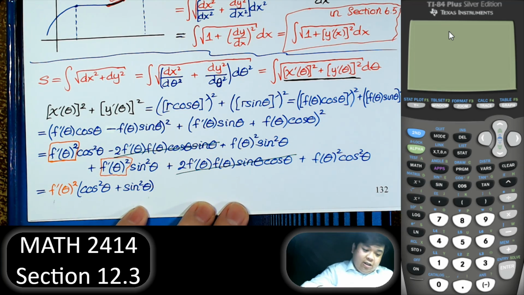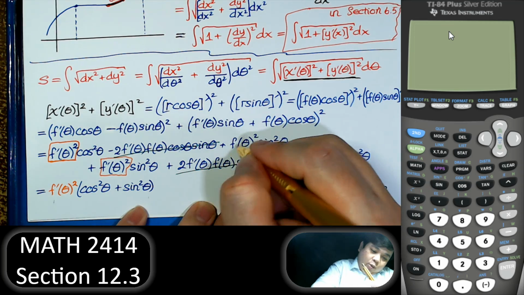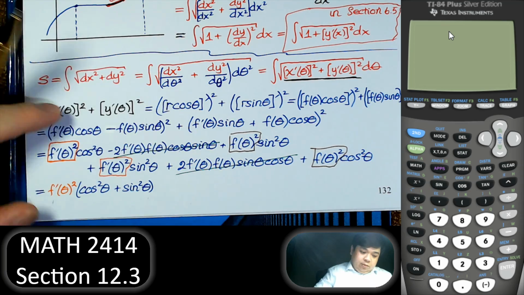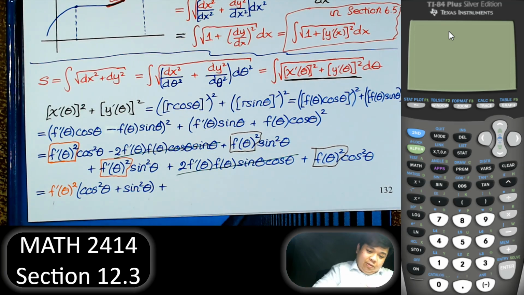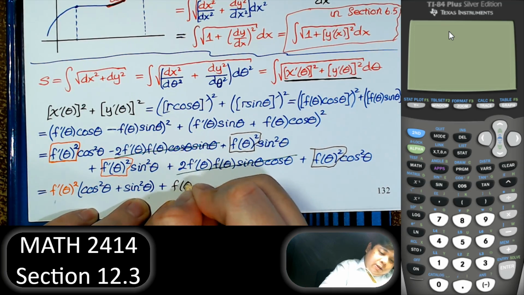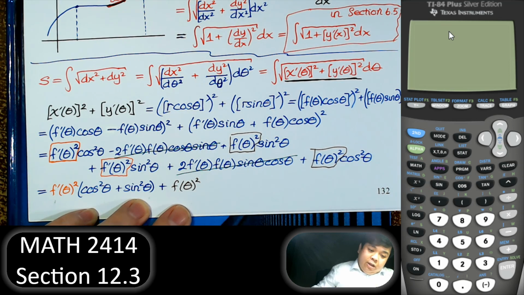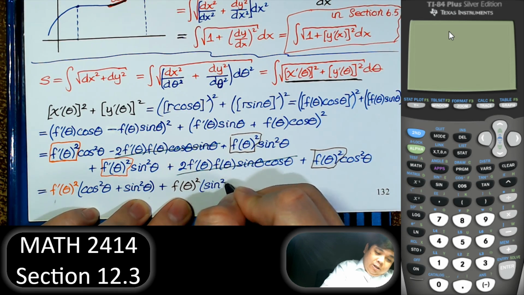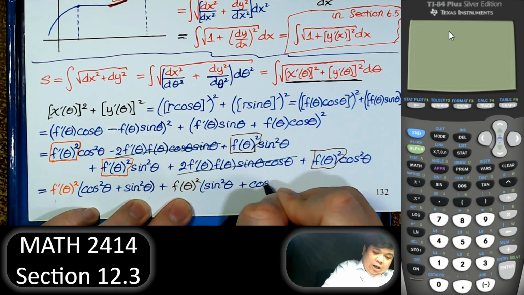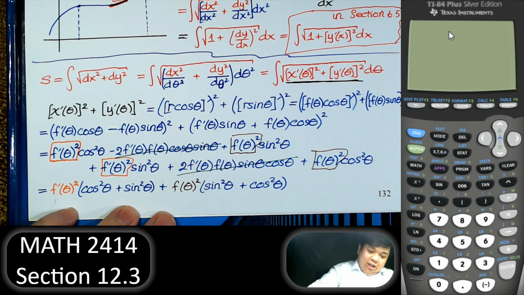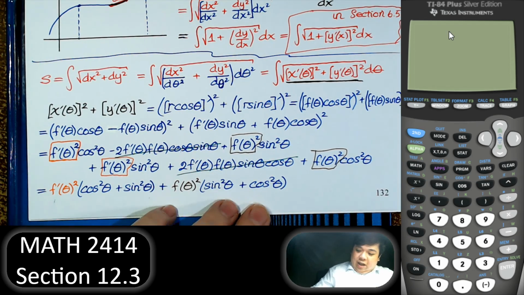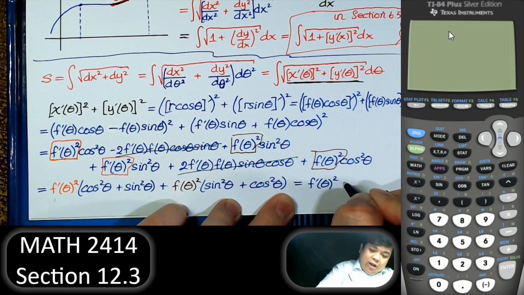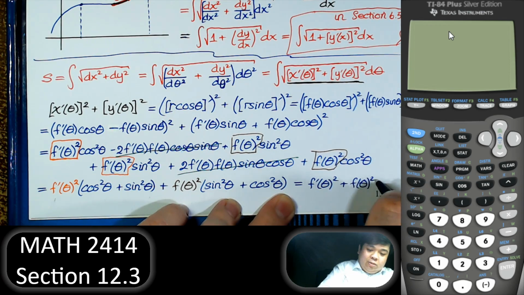And then next, we have the function square and then sine square plus cosine square. Cosine square plus sine square is 1. So this turns to 1, this turns to 1. And so we just have this equal to derivative square plus the function square.